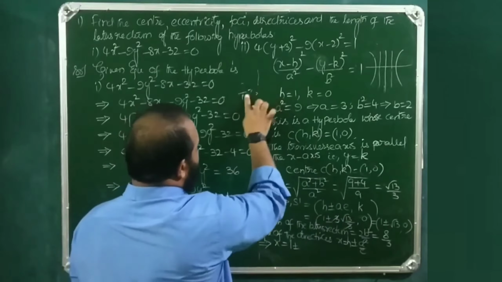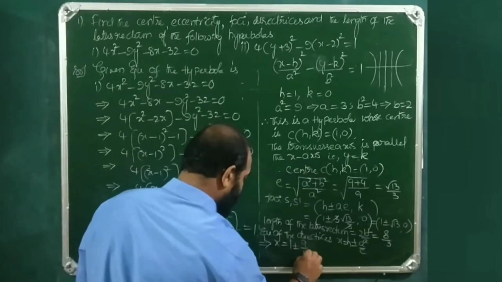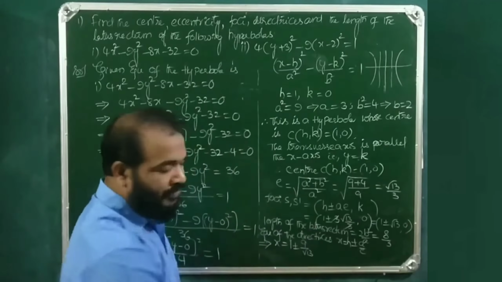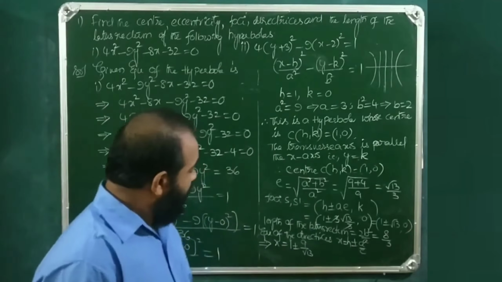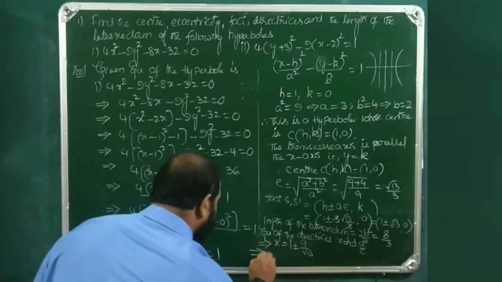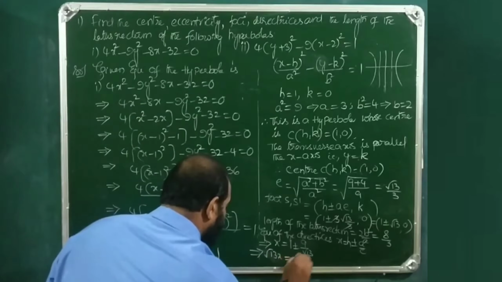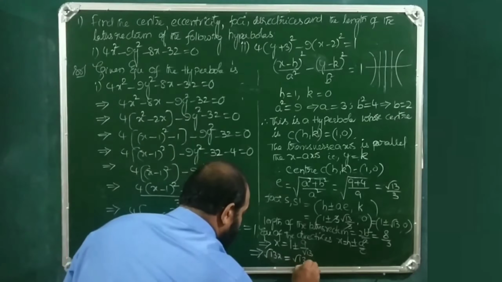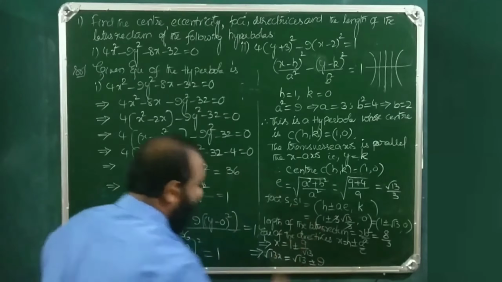So 9 by root 13. So if you take an LCM here, root 13 x is equal to root 13 plus or minus 9.